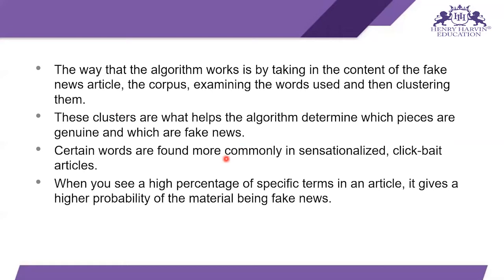Certain words are found more commonly in sensationalized clickbait articles. So when you see a high percentage of specific terms in an article, it gives a high probability of the material being fake news.